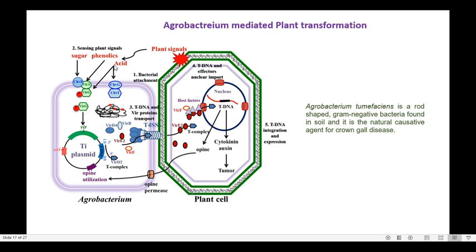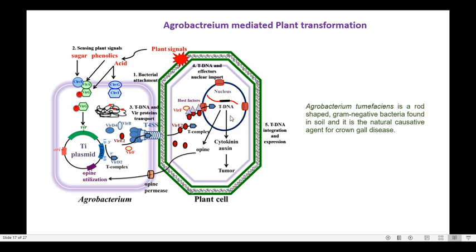When the plant signals like acetosyringone and hydroxyacetosyringone are produced, these Vir genes are activated, which leads to the transfer of this T-DNA into the plant cell, where the T-DNA gets integrated into the plant genome, and the plant then starts producing growth hormones and plant metabolites, opines and agropines.